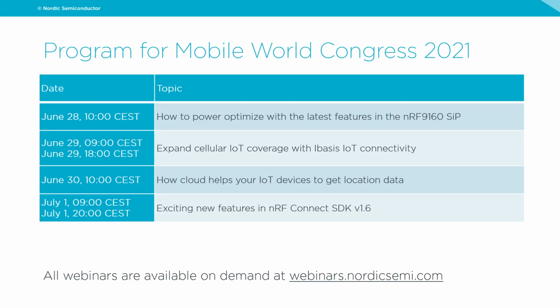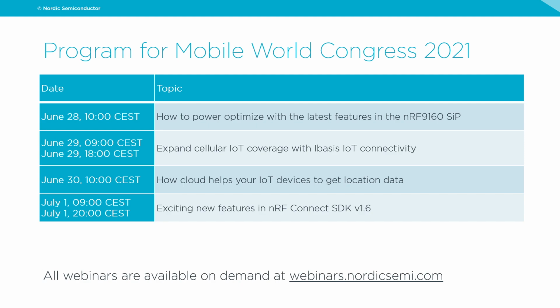Thanks, everyone. So this is the last webinar in the program for the Mobile World Congress 2021, but all of the webinars will be available on demand. So I figured it was a good idea to show which webinars we have run. On Monday, June 28th, we ran a power optimization webinar with the latest features on the nRF9160 system in package.